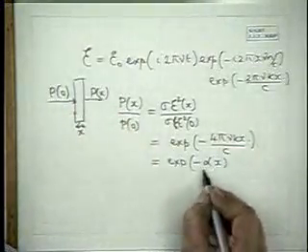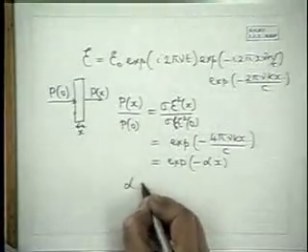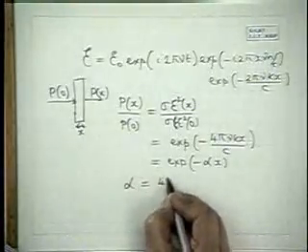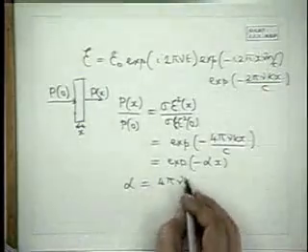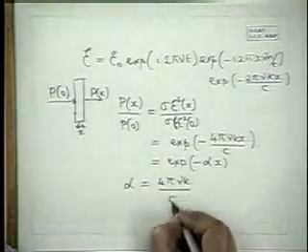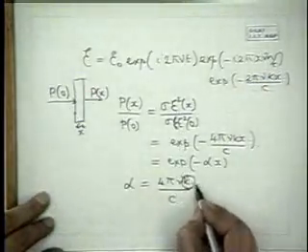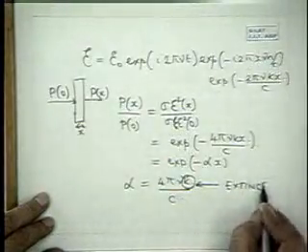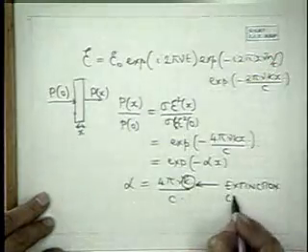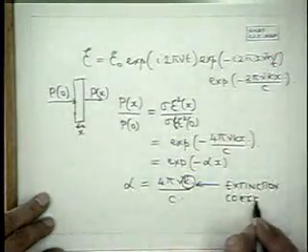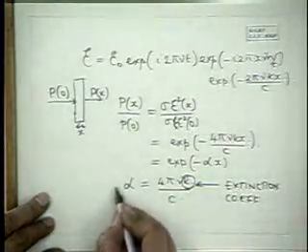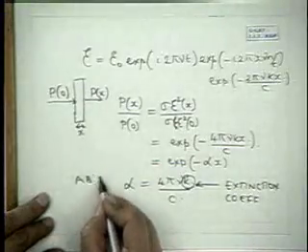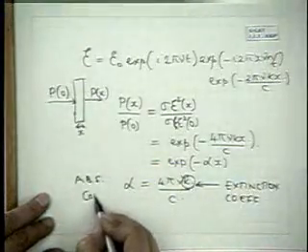So therefore we get a relation for alpha. Alpha is 4 pi nu k by c. So k is the extinction coefficient, which is the imaginary part of the refractive index, and alpha is the measured absorption coefficient.